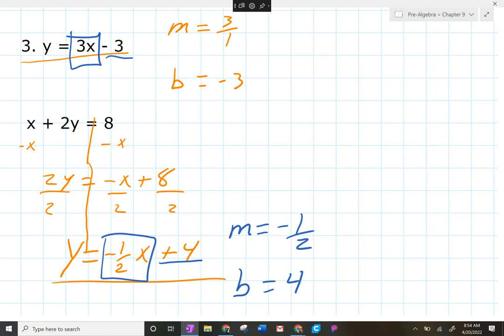Okay, so this means a b value. So our b value, this one should be starting right there. Your slope is not right.